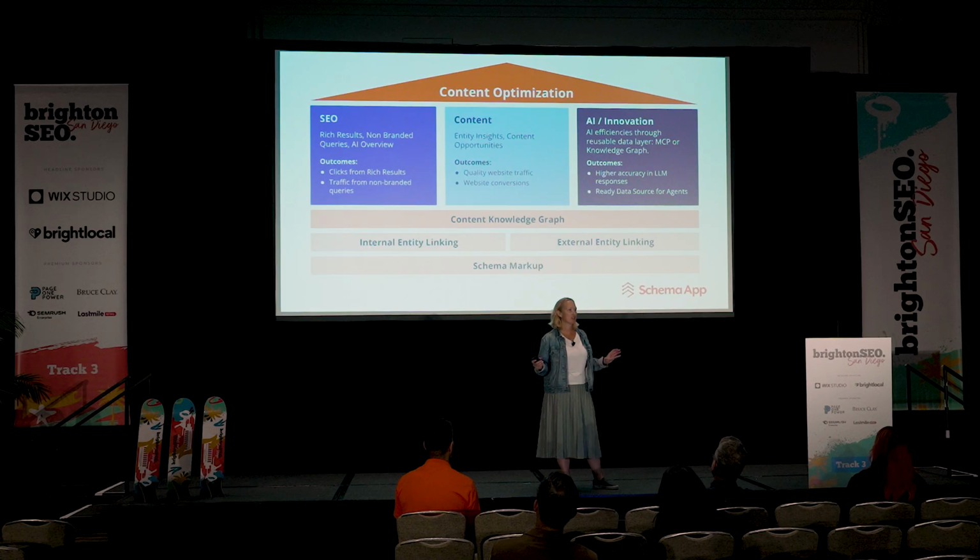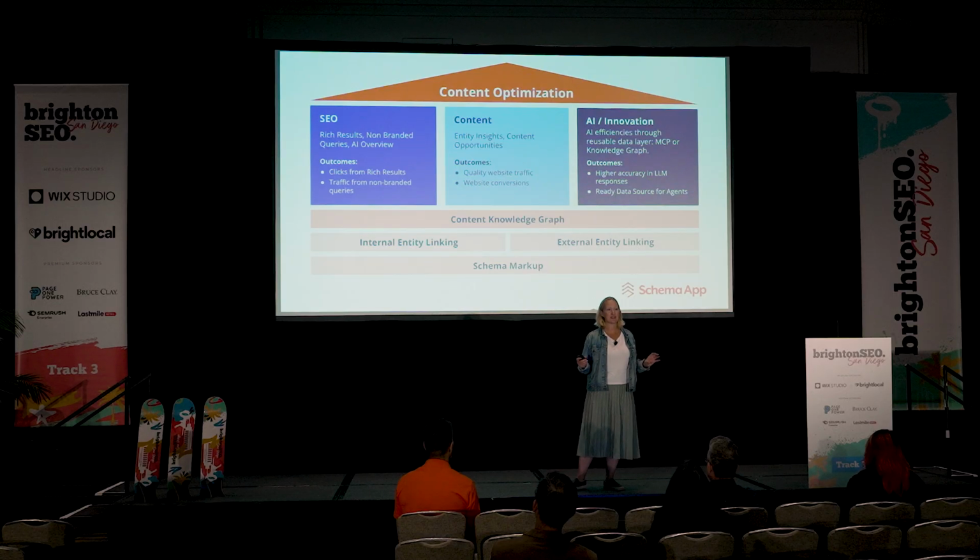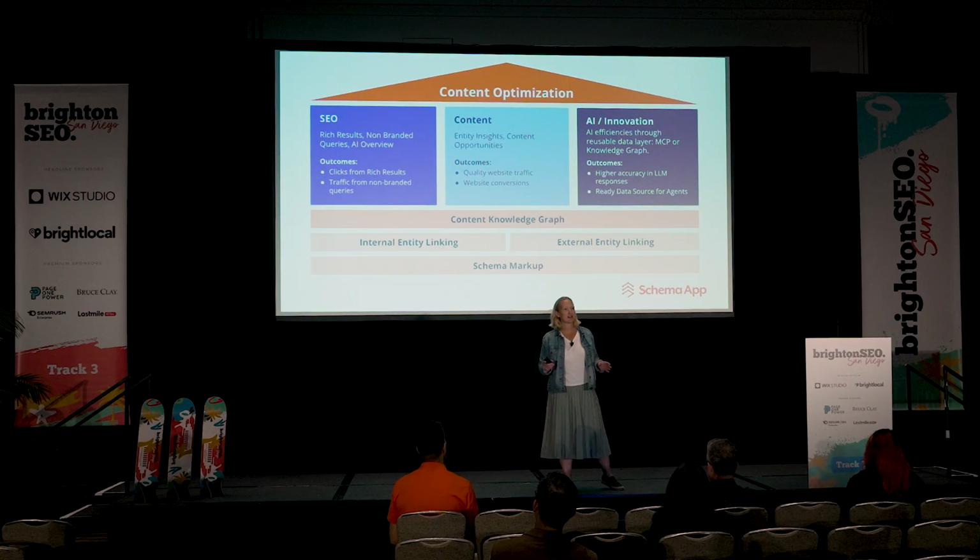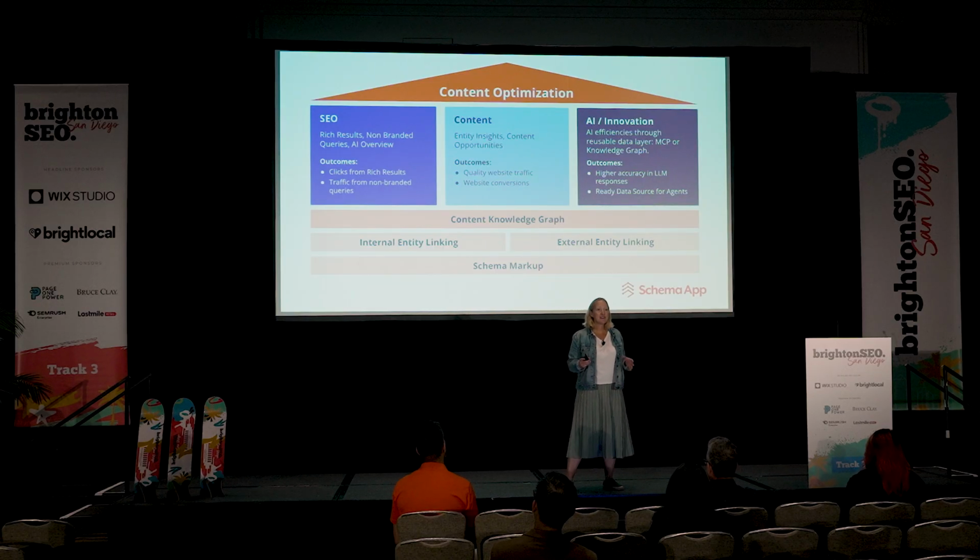And semantic technology has been around for a long time, and I'll explain a little bit about how we do this. And when we go to a content knowledge graph, all of a sudden we unlock these different areas within the enterprise where this strategy in SEO can be future-proofing your organization for AI.